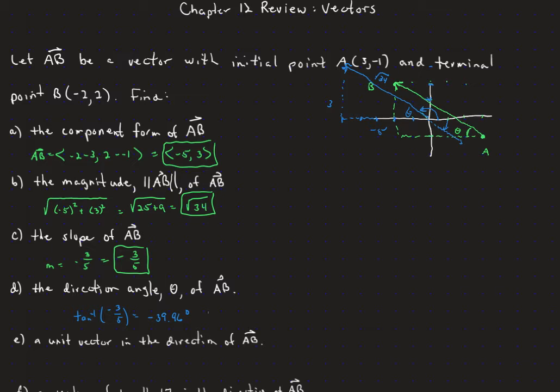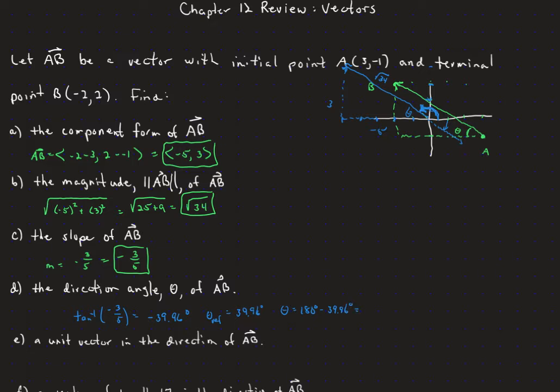So if we think of our reference angle as being 30.96 degrees, then our angle, which again is going to be this quadrant 2 angle, is going to be 180 minus that 30.96.